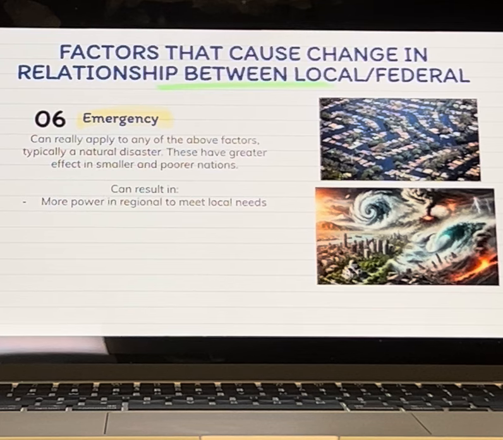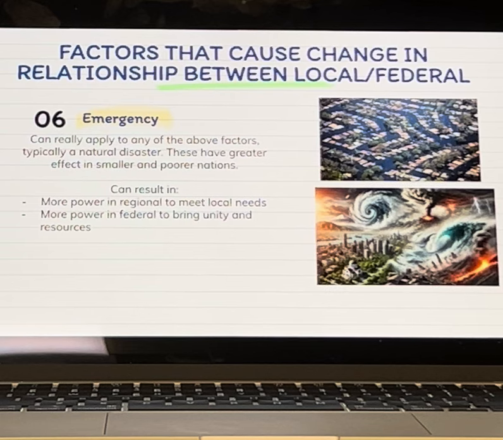So sometimes London just gets to make its own decisions. But other times it's more power in the federal government, especially if it's a more widespread disaster, to help address it more consistently. Because if there's more power in the federal government, things happen quicker and more consistently, and the federal government just has more resources because of the united front that it presents.